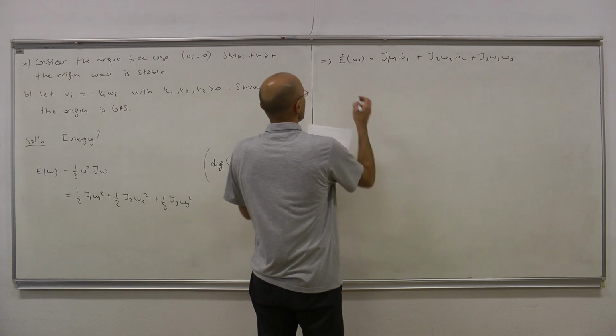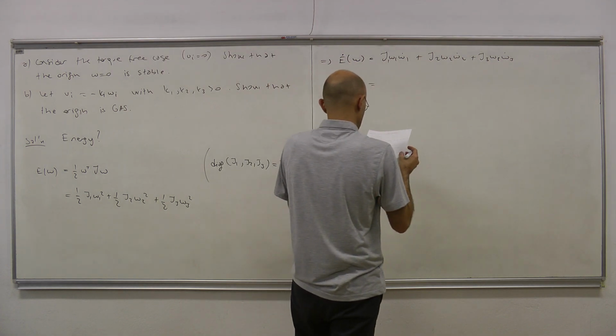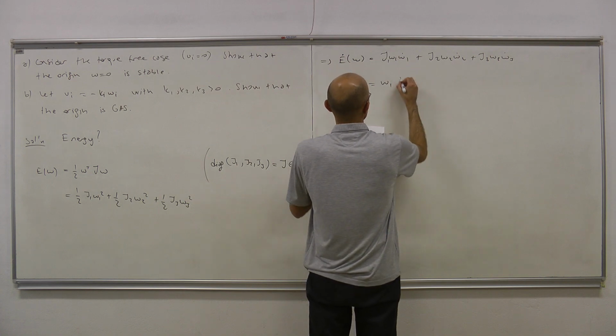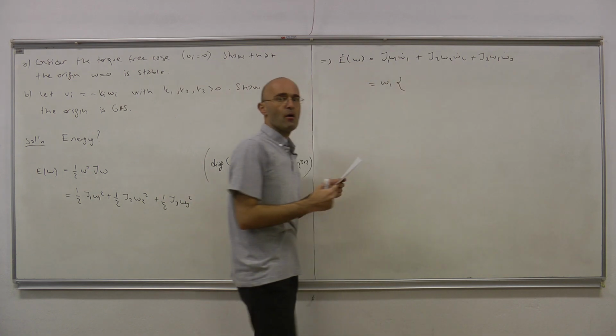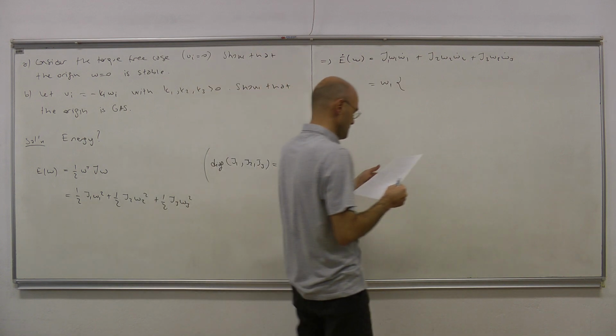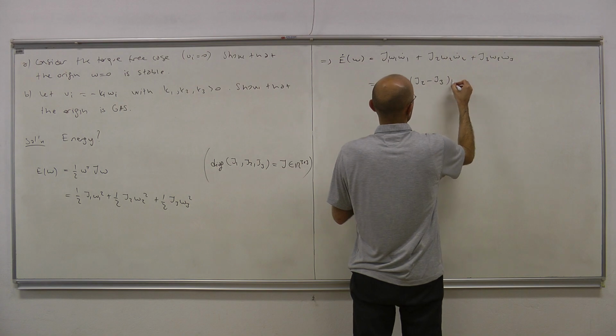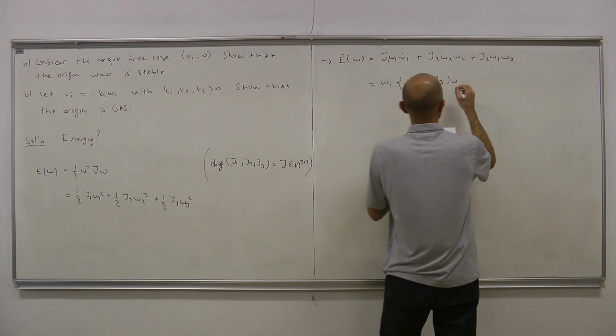Let's do that. Okay, so that equals omega 1 times J1 omega 1 dot. J1 omega 1 dot is J2 minus J3 omega 2 omega 3.